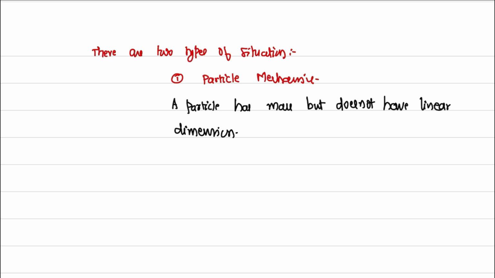Usually, till the rotational mechanics is studied, we study only the particle mechanics for Newton's laws of motion, for also projectile motion, for everything till now, till rotational or rigid body motion, we studied the particle motion.